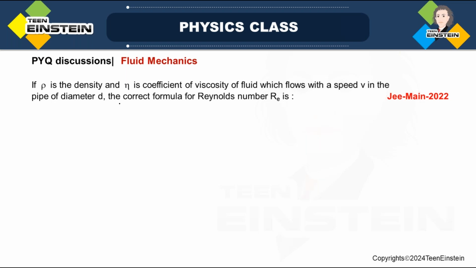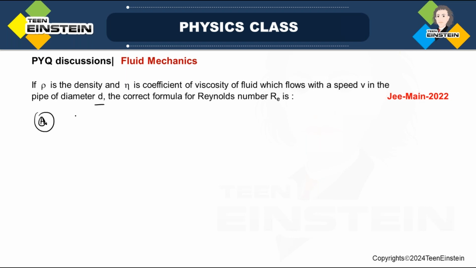If rho is the density and eta is the coefficient of viscosity of a fluid which flows with the speed v in a pipe of diameter d, the correct formula for Reynolds number. So the options are given over here.